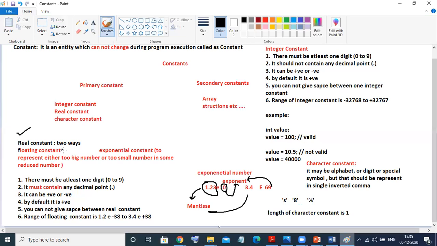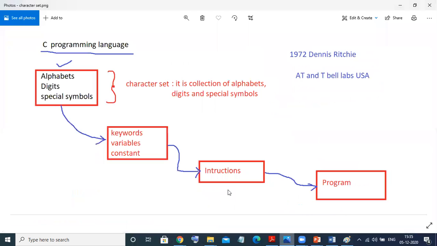Real constants are categorized into two ways: floating constants and exponential constants. These are the rules of declaring real constants. We have also seen the rules for integer constants and character constants. I hope you got this point. And with this, we have covered the last part, constants.